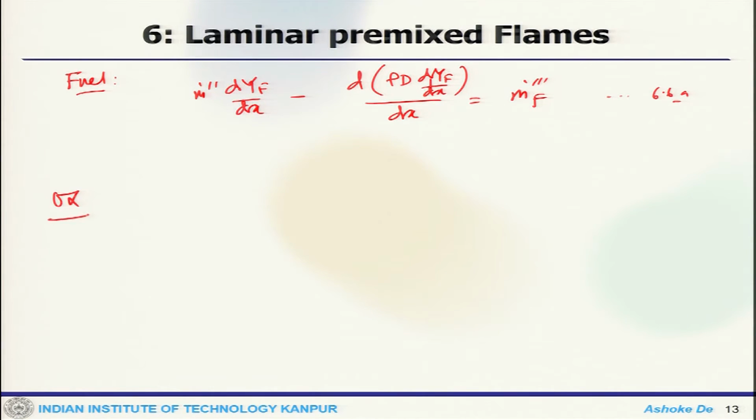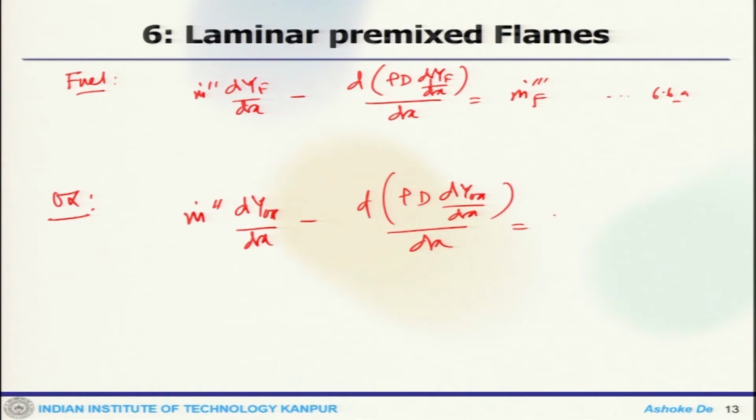And for oxidizer, if we write m dot dYoxidizer/dx minus d/dx of rho D dYox/dx equals nu m dot triple dot f. One can notice here in the diffusion law we have D, which is constant, because that is one thing that we have assumed they are going to be equal.